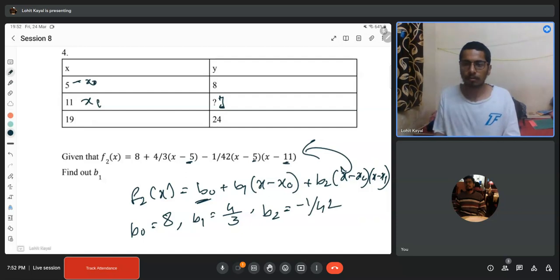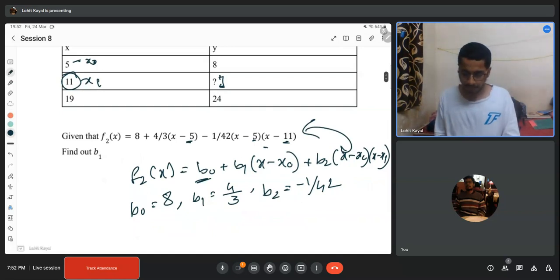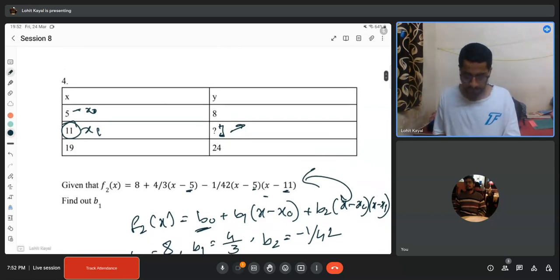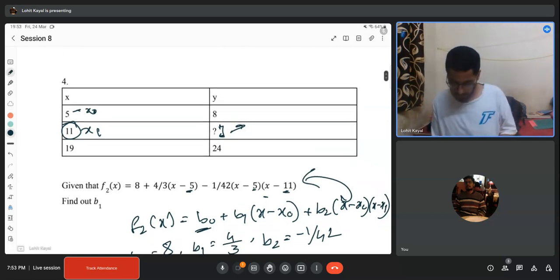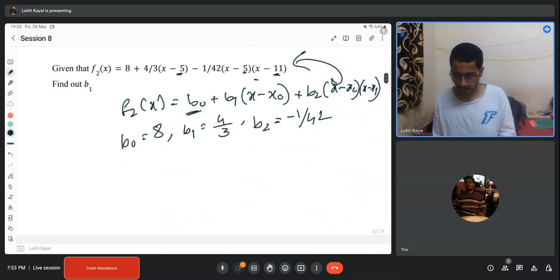Now, when you have got the expression, you just plug in the value of 11 here in this expression. You will be able to figure out this unknown value. Okay, so let's move on to the next question.